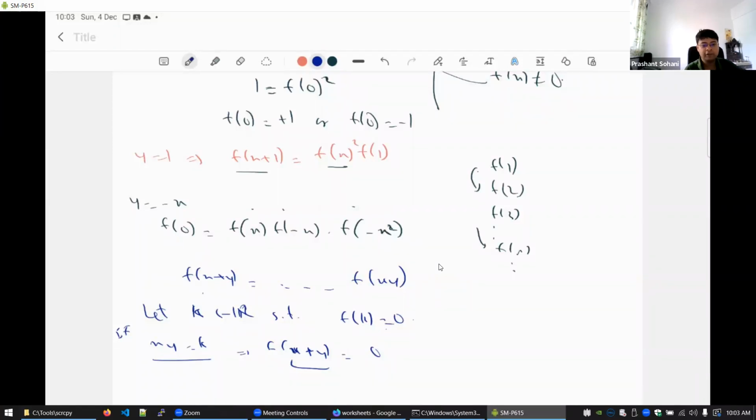But even if we don't get the value for all real numbers, we are definitely going to get it for a significantly large portion of the real number line, right? Of course, all of this is based on the assumption that such a k exists, that if there is some k such that f of k is 0, then all of this happens. There is no guarantee that such a k might exist, but that is what we can think about.